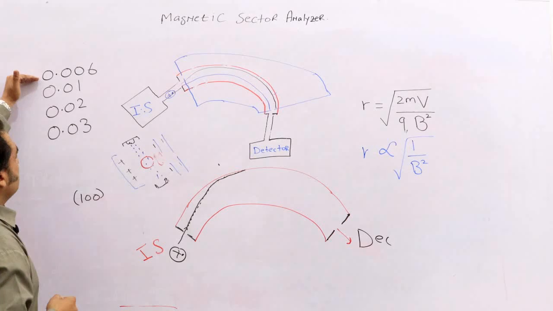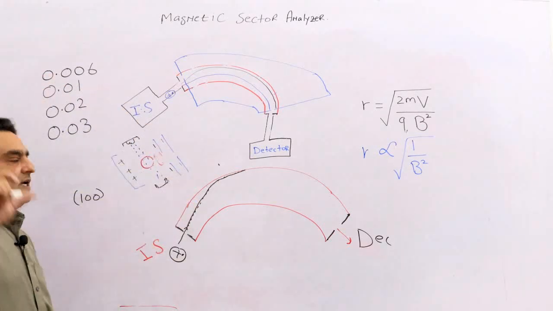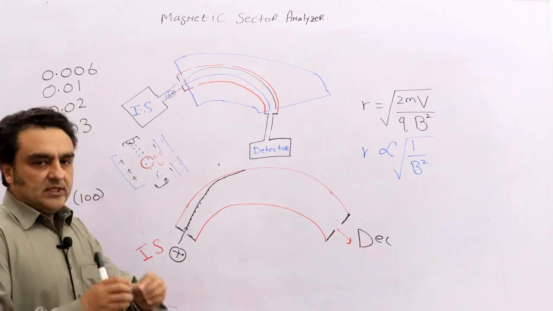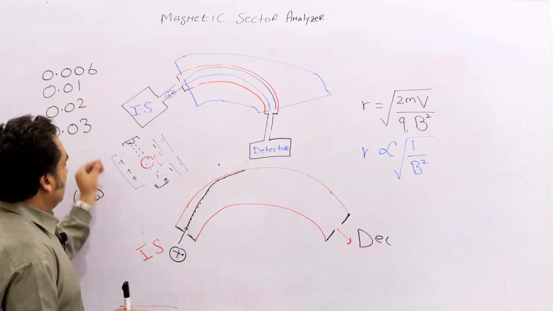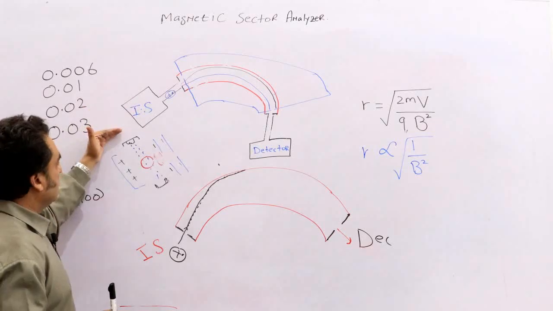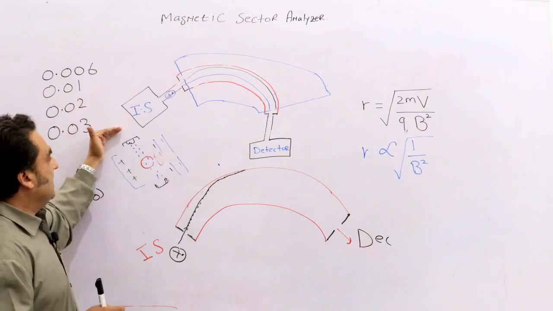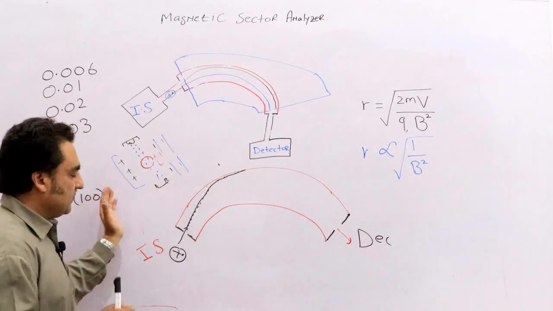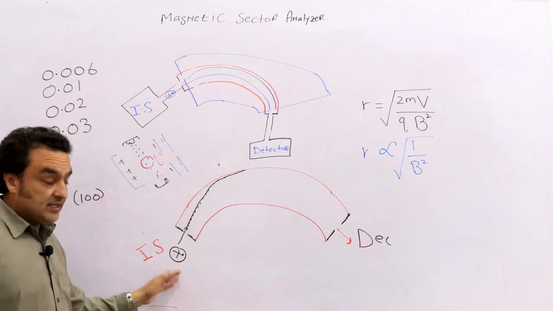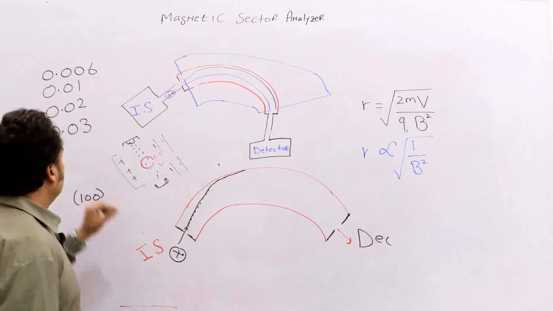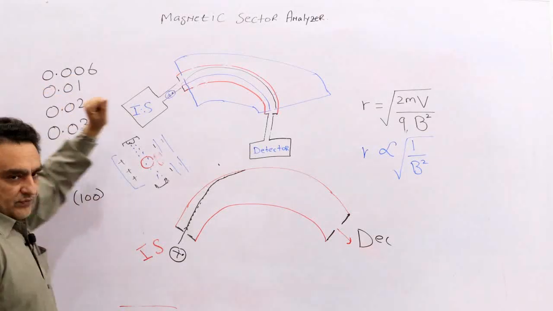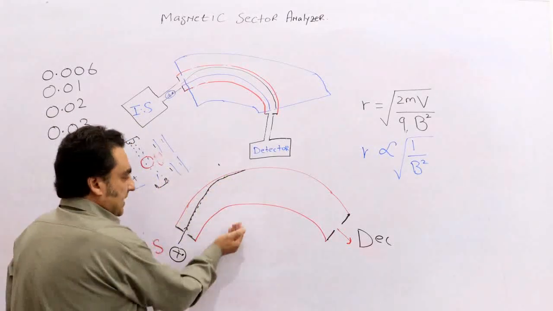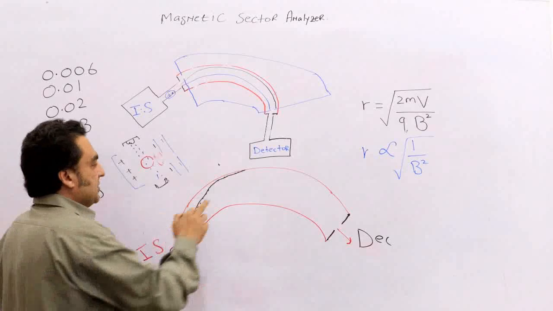Now you have a knob, and you again come to the lab and inject the sample into the ionization source or the inlet system. It is bombarded by the electron and converted to a positive radical again. But this time you increase the magnetic field strength to 0.01. Now this will be deflected a little bit more.